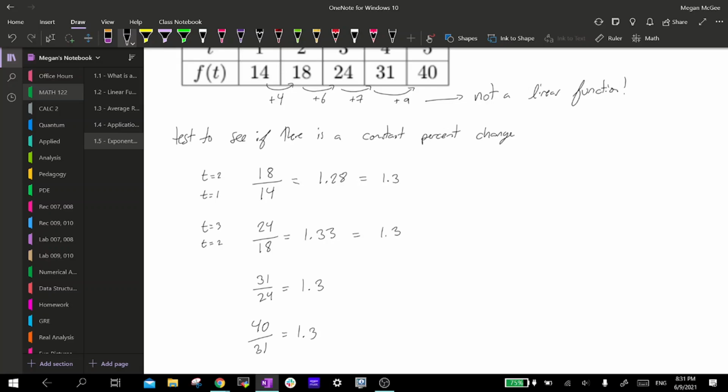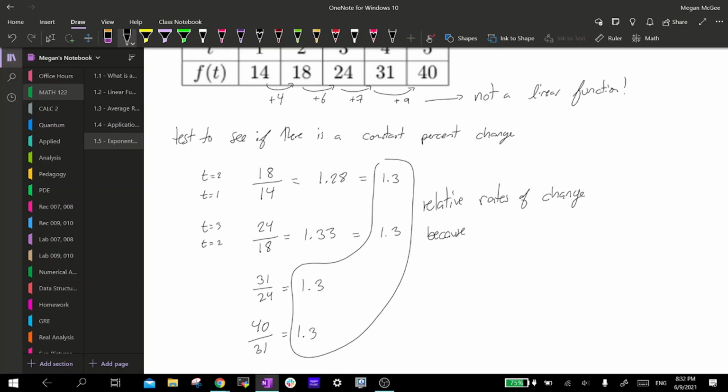Okay, so these are all relative rates of change. And if we notice, they are all equal. So because these are all equal, this data set represents an exponential function.